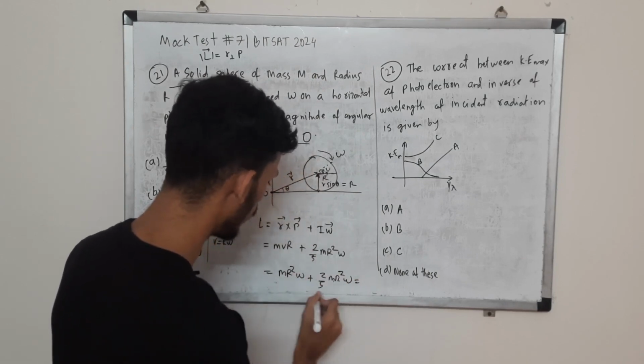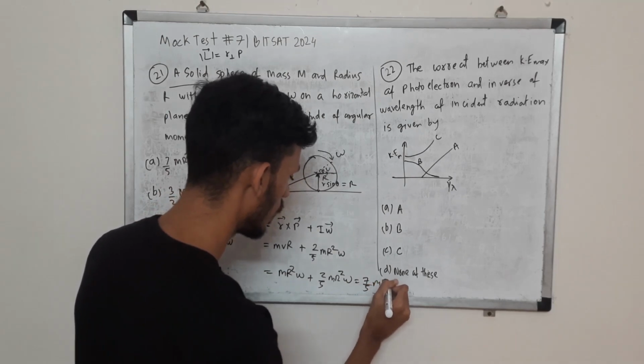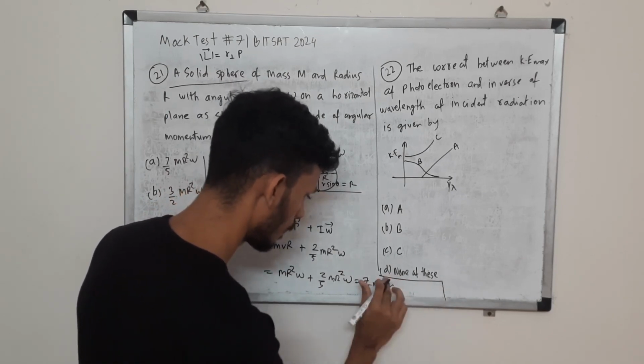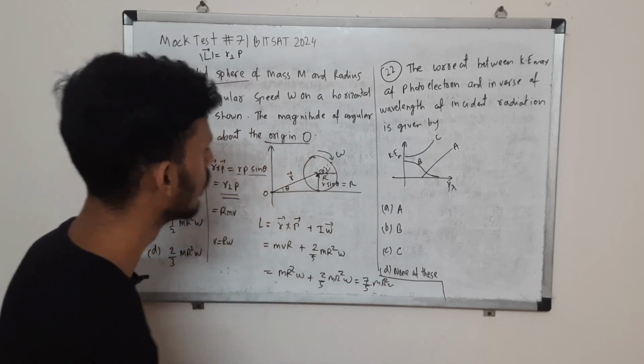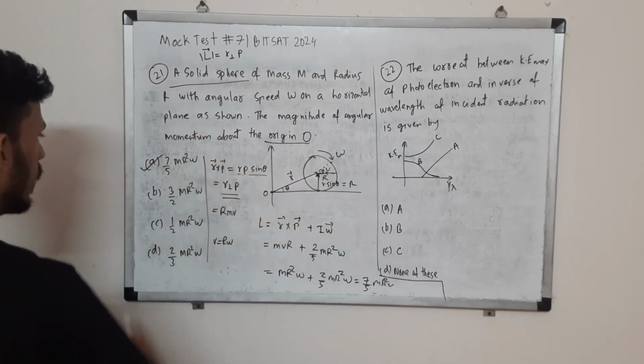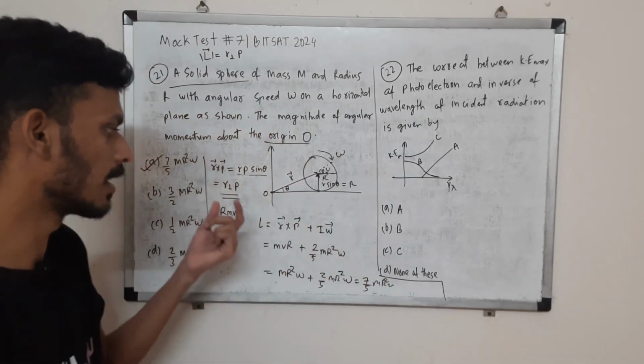So 2 by 5 plus 1 will be 7 by 5 m r square omega. Alright, 5 plus 2, 7 by 5. So which is option A? I hope you were able to get this idea.